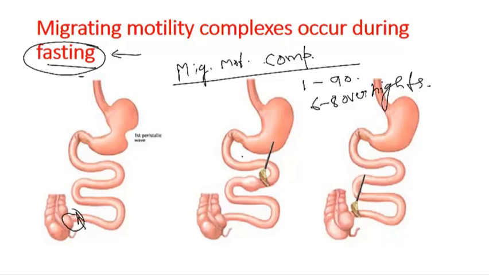Then it enters the large intestine, converts into feces and comes out. This whole process is controlled by the enteric nervous system, and we don't want to talk about that much here, but it's important to clear this route for the later stage of digestion.